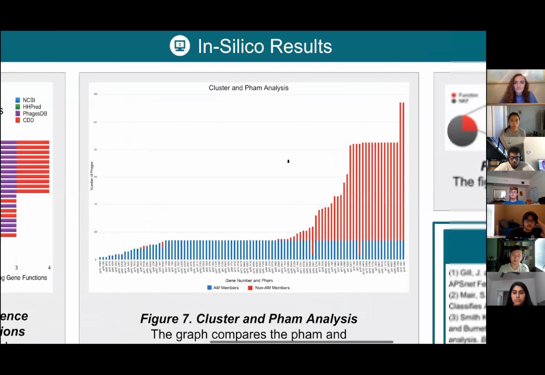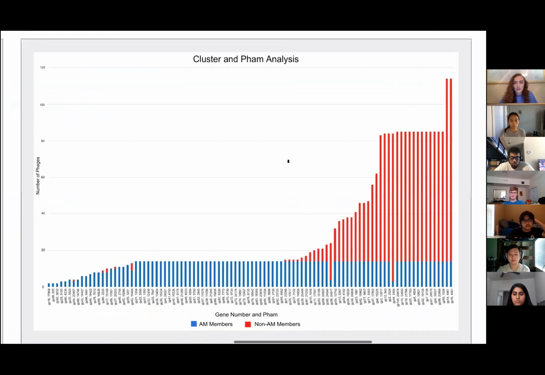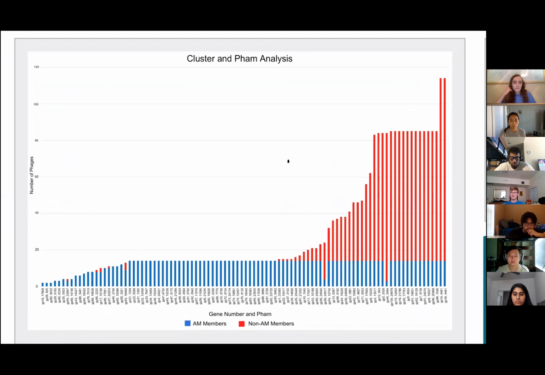So right here, this is probably the most interesting thing we found in our research. This goes back to what I was talking about at the beginning, how phages are specific and have all this diversity. When we were seeing all the different phage functions and comparing them to other genes, we saw that, of course, most of the genes that Napoleon B had, other phages in its cluster had.